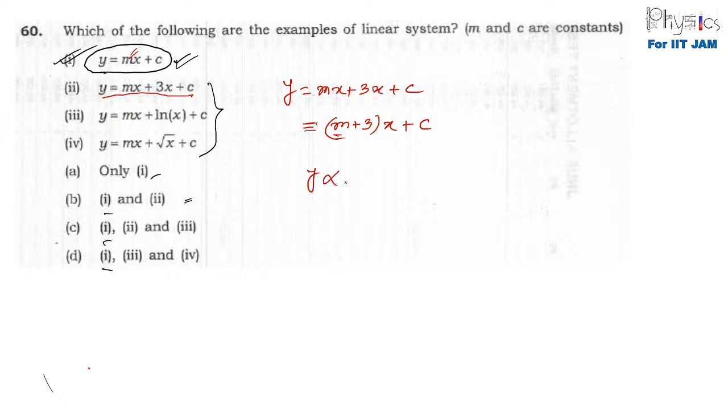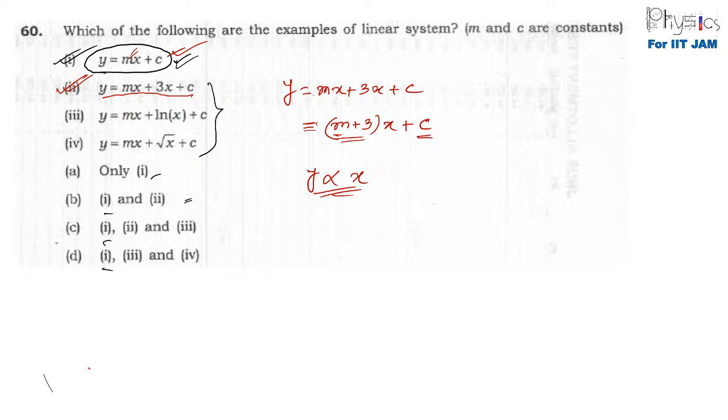Because c is a number and m plus 3 is a constant, y is proportional to x. If y is proportional to x, that means this system is linear. So this is again an example of a linear system.